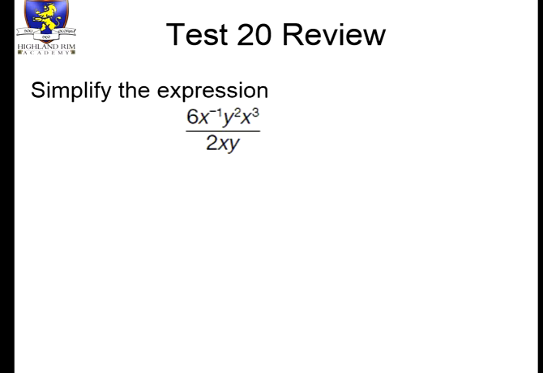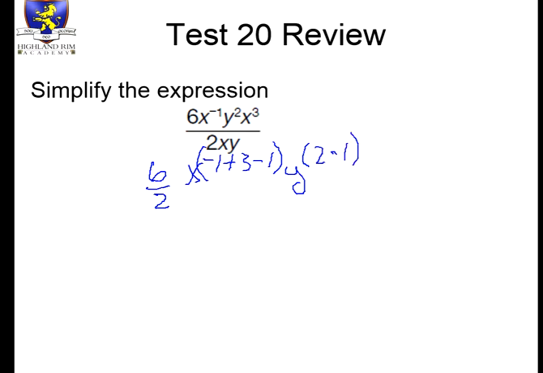Our third problem here, our next problem, simplify the expression. Now in this case, that doesn't mean that we're going to come up with a real value here. We're just going to come up with a more simplified way of looking at it. So we end up with 6/2, which is 3, times x to the negative 1 plus 3 minus 1, times y to the 2 minus 1.